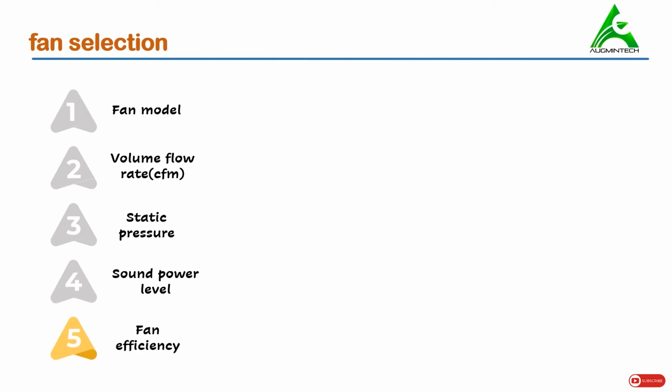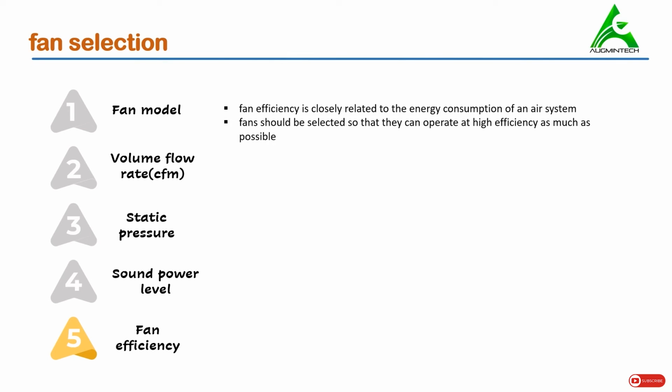Okay, the last factor is the fan efficiency. Fan efficiency is closely related to the energy consumption of an air system. So if the efficiency is high, the energy consumption of that system is going to be low. Fans should be selected so that they can operate at high efficiency as much as possible. This will lead to better energy consumption and lesser operating cost.